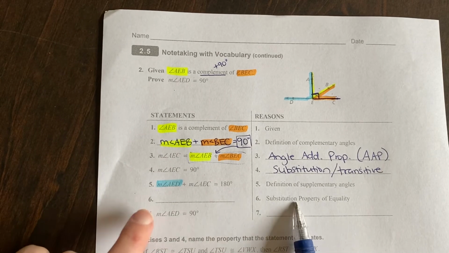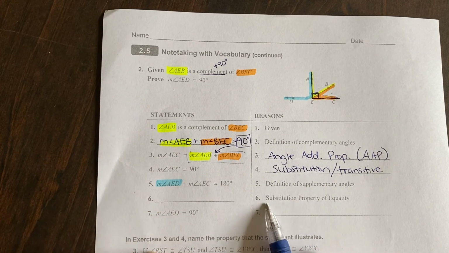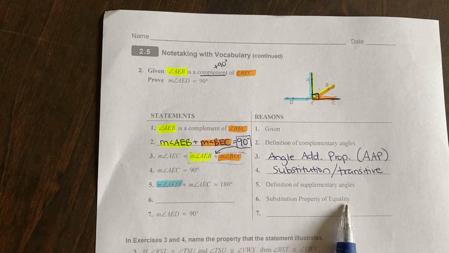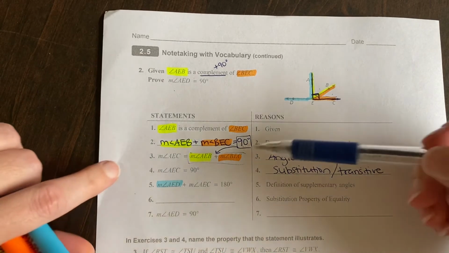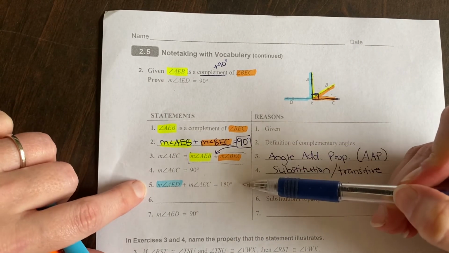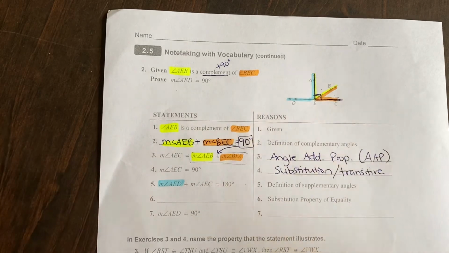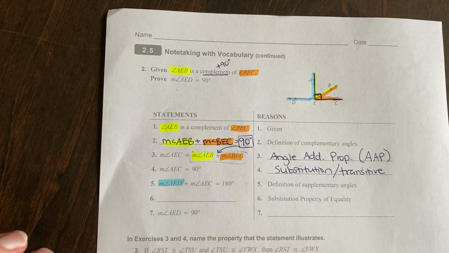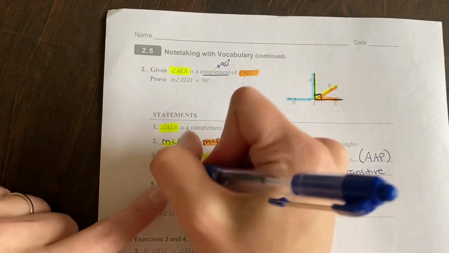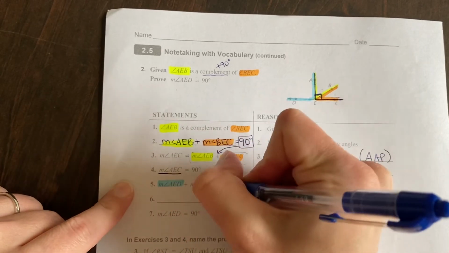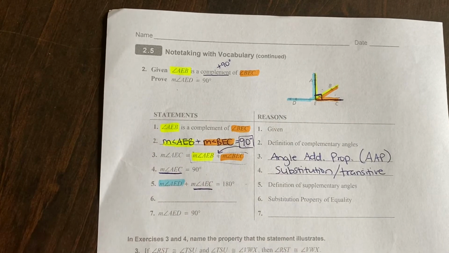Now in statement 6, we're going to be using the substitution property. We've got to look at our statements above and figure out what we're going to substitute in for something else. I see AEC here and AEC here.